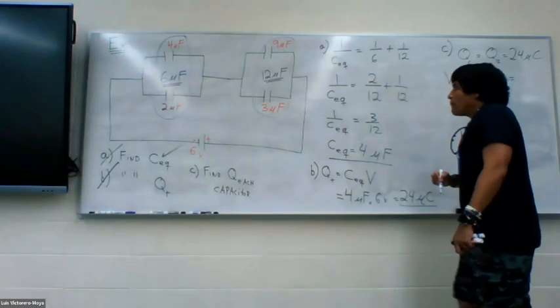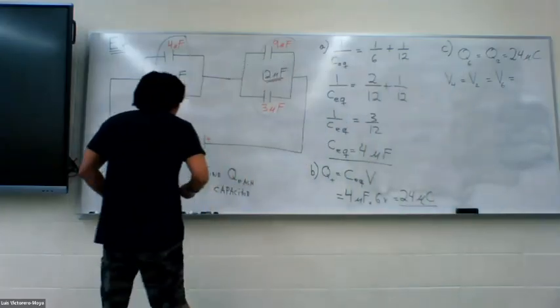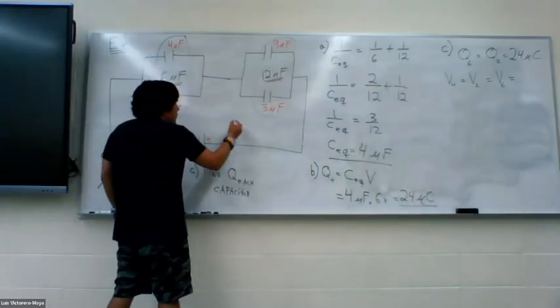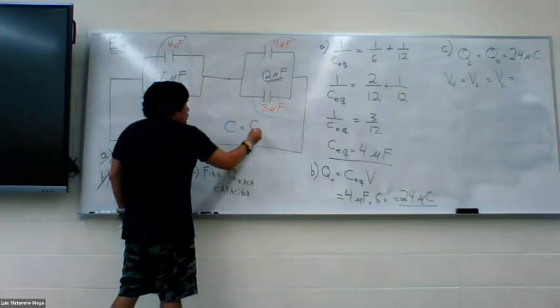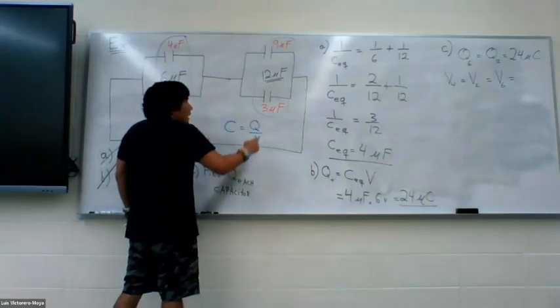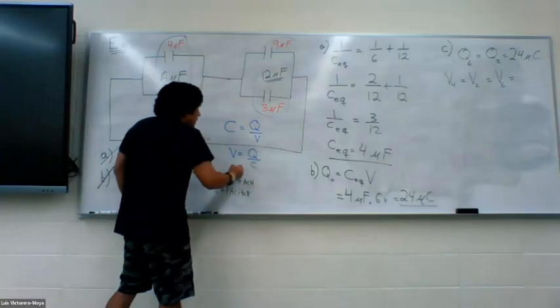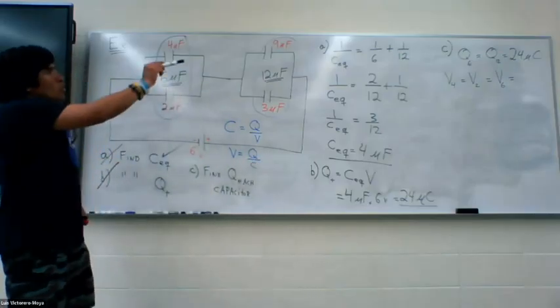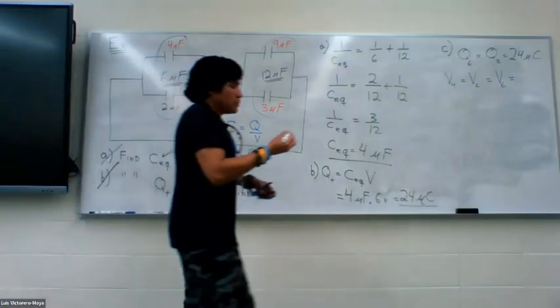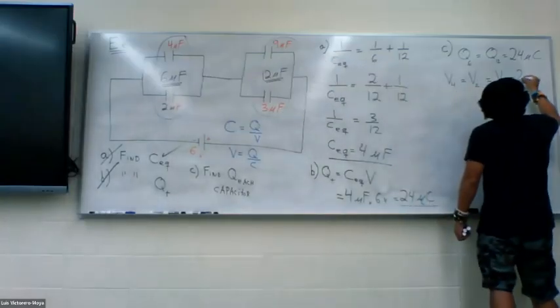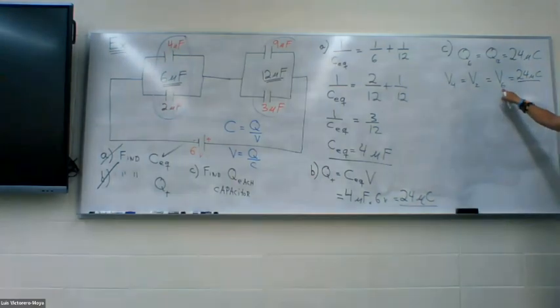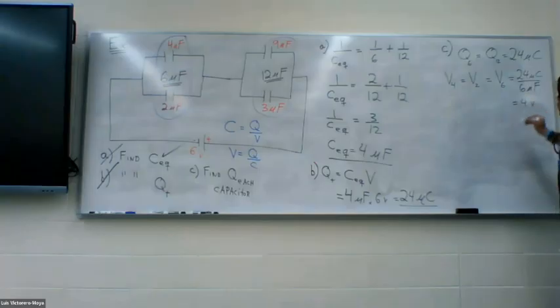Well, we need to remember our equation, right? So you may want to have this always: C equals Q divided by V. Now, since I want voltage, voltage is equal to Q divided by C. So Q is 24 microcoulombs and C is 6 microfarads. 24 divided by 6, 4 volts.